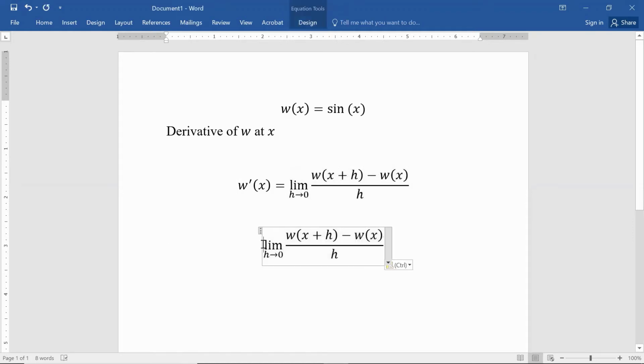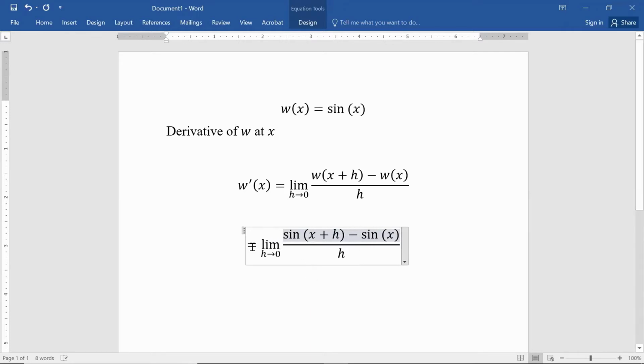That limit would be equal to, if I plug in x plus h into sine, I simply get sine of x plus h. And if I plug in an x into sine, I would simply get sine of x.